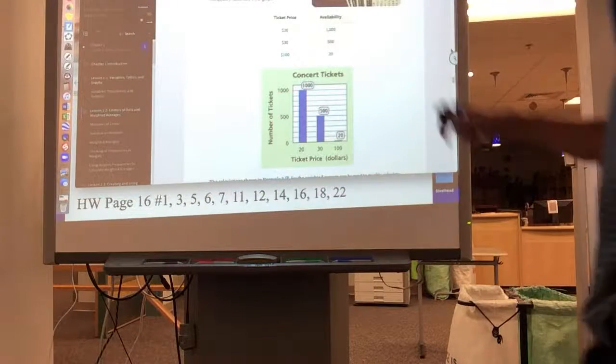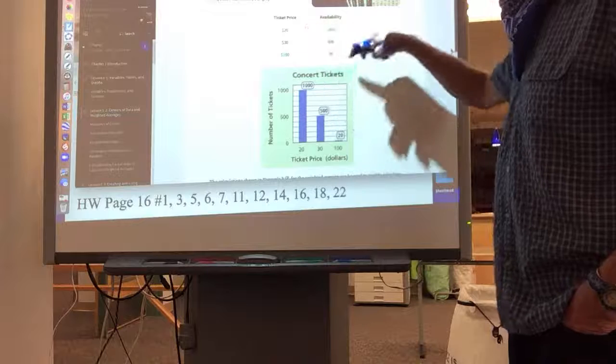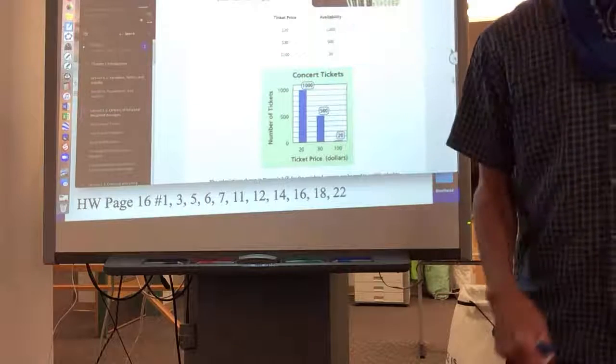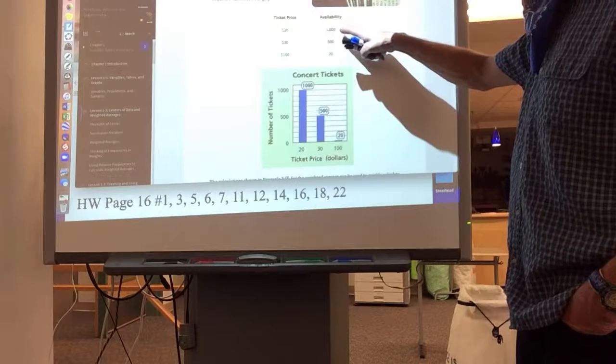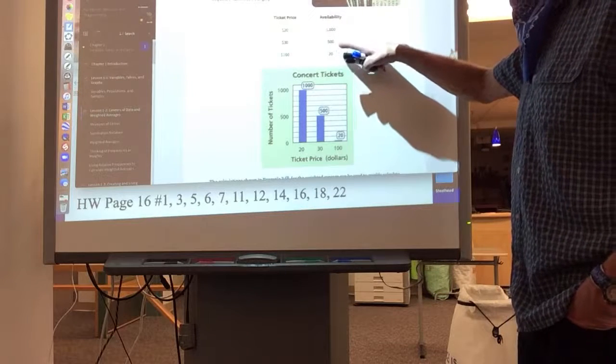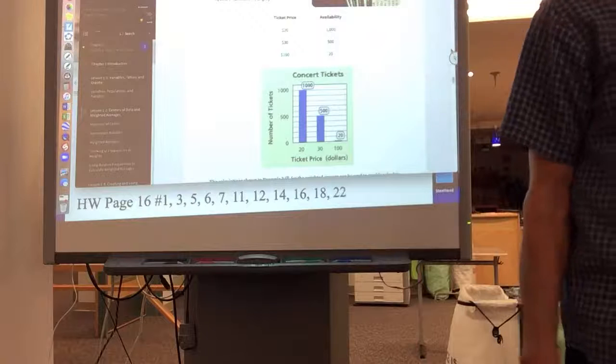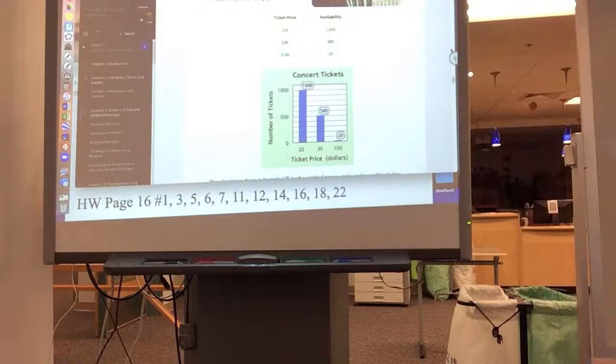So in this case, the $20 tickets relative to all of the tickets is 1,000 out of 1,520. So relative frequency is like a percent. But in this book, we're going to find that it's decimal. They don't do it as percents too often.